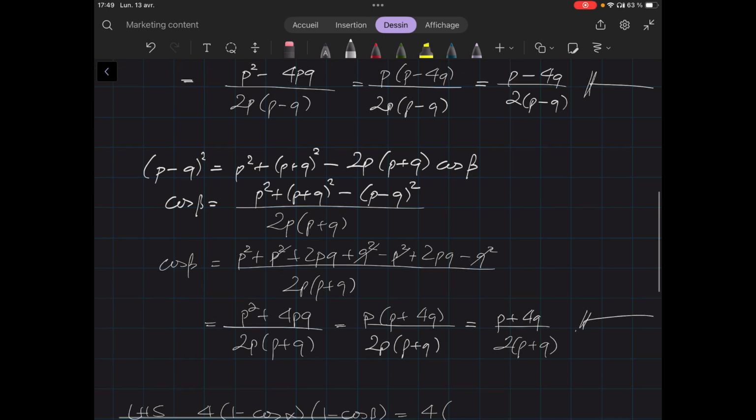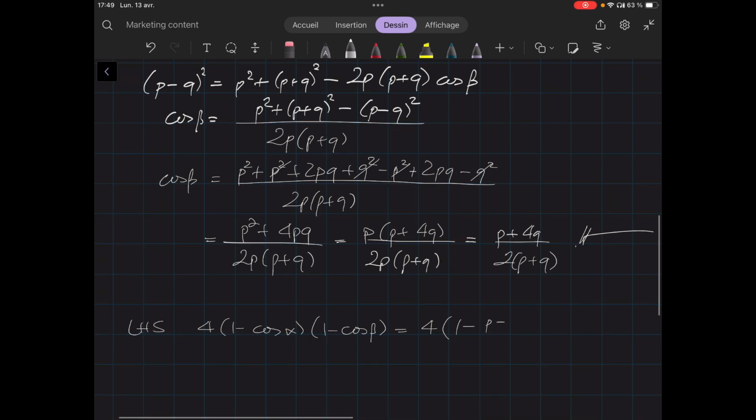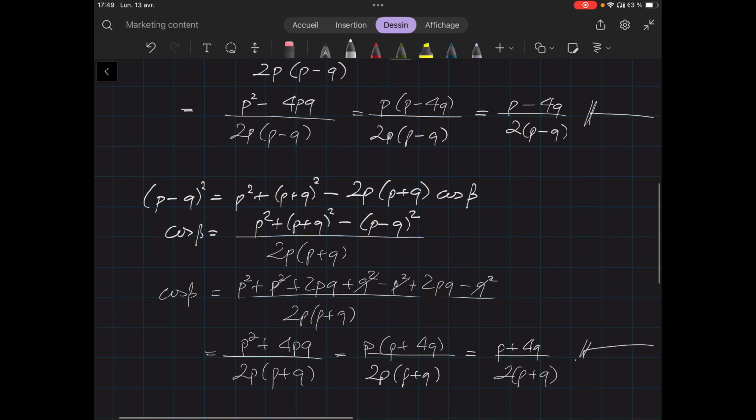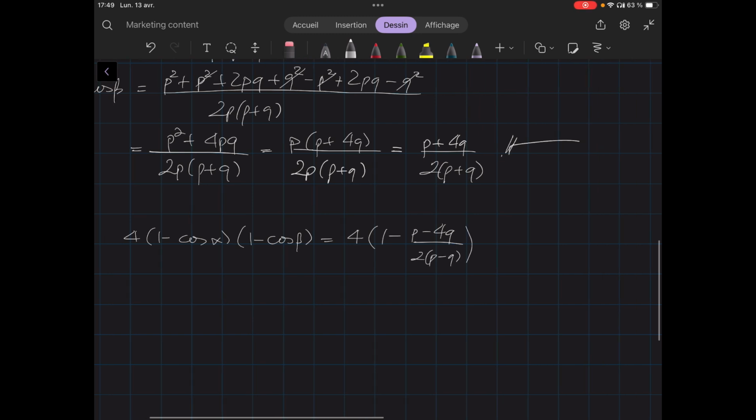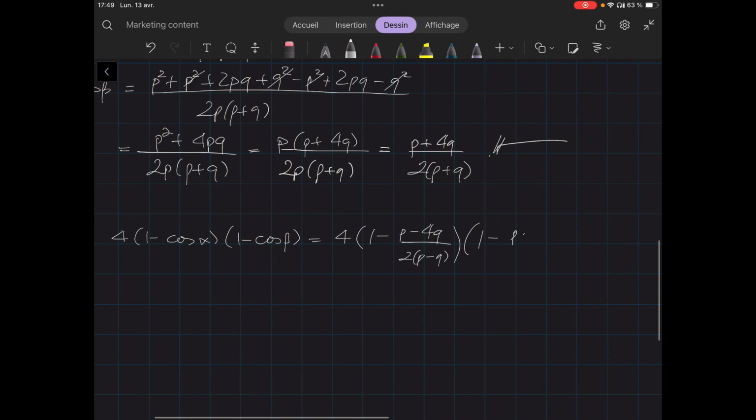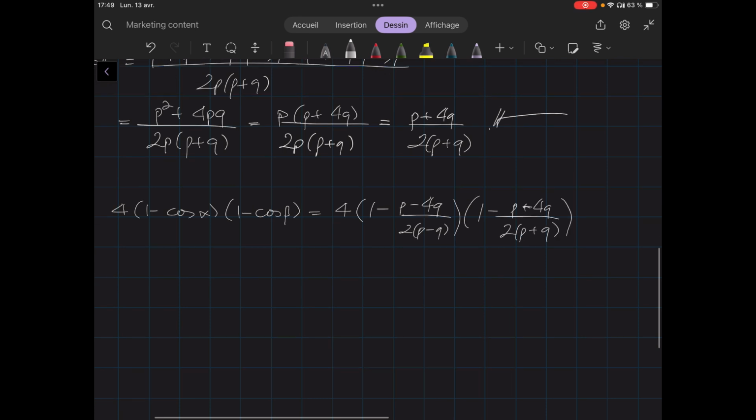Okay. 1 minus cos alpha, that is p minus 4q divided by 2 times (p minus q). Simplify this even further. Be careful with the negatives.